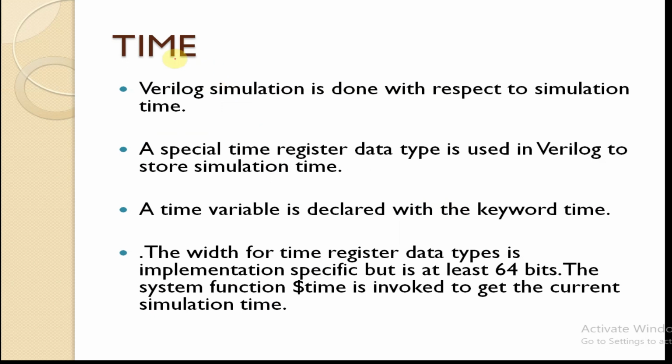Now let's see about the time variable. Verilog simulation is done with respect to the simulation time. Our coding and our whole Verilog code will be executed according to the simulation time.